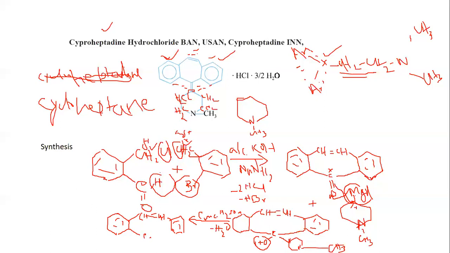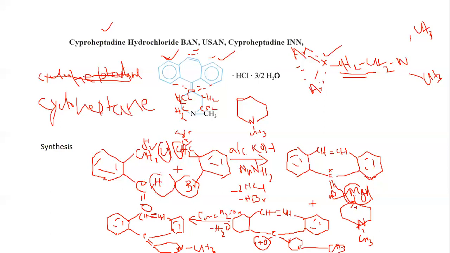See here double bond, then CH3. Okay, there is the double bond. Fine. So I am just using my basic concept to form the bridges. That's all. So now you can understand how bridges are constructed repeatedly. This is cyproheptadine synthesis.